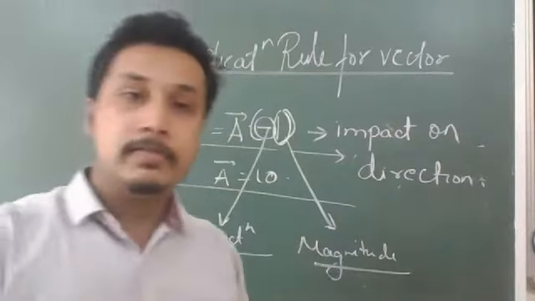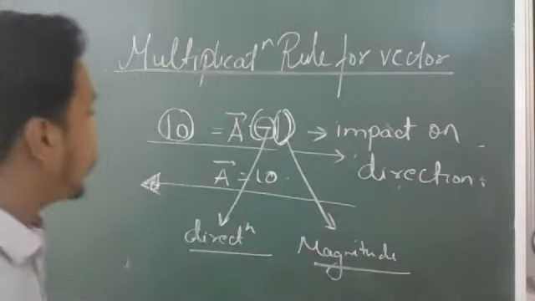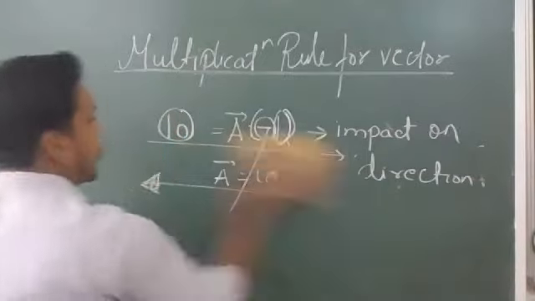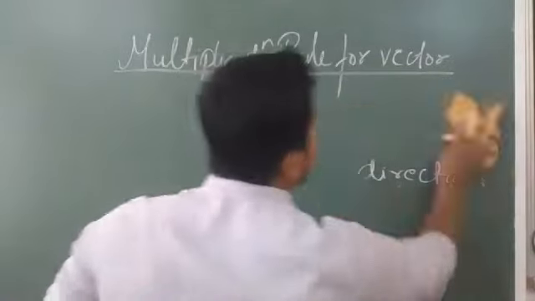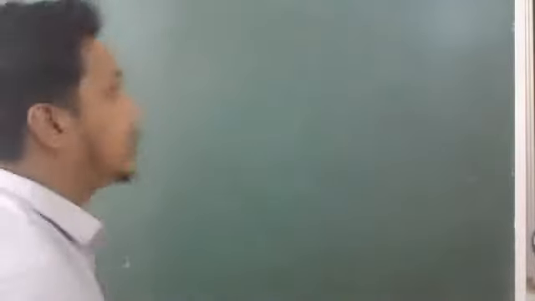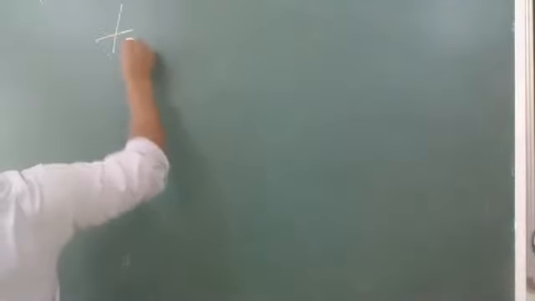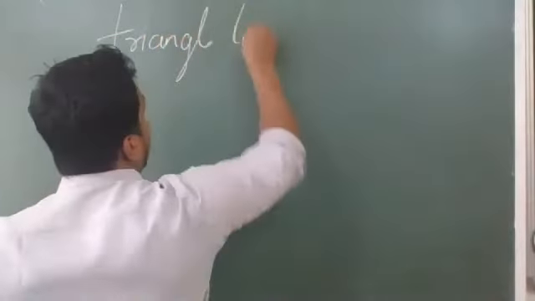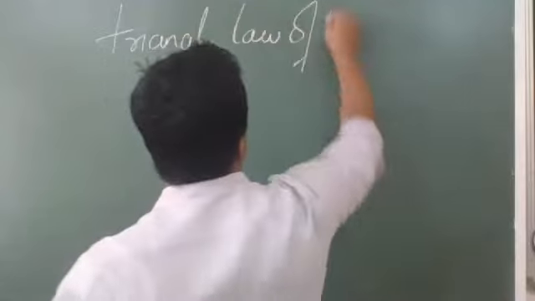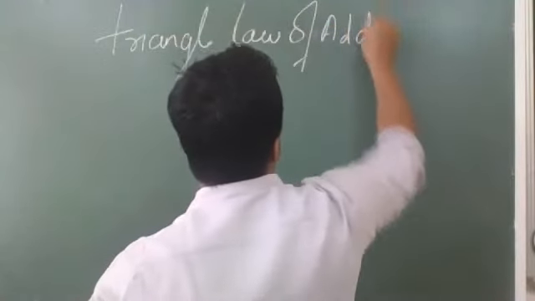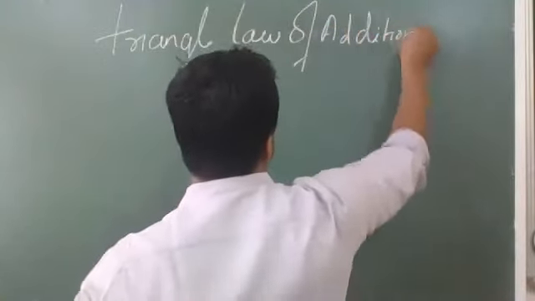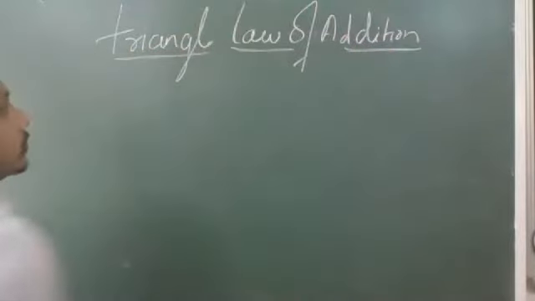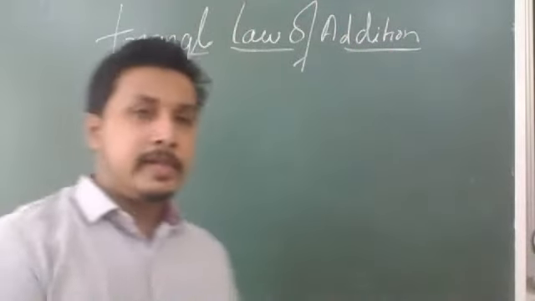Okay, this is the multiplication rule. It's very simple. Now we are going to see one more important rule of vector addition, that is the triangle law of addition. The triangle law is very simple.